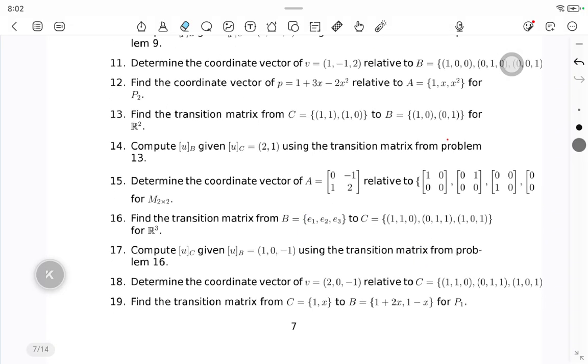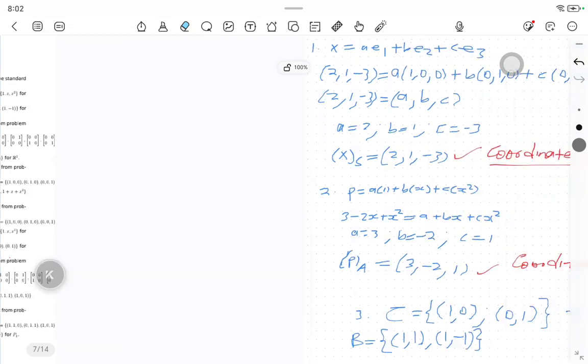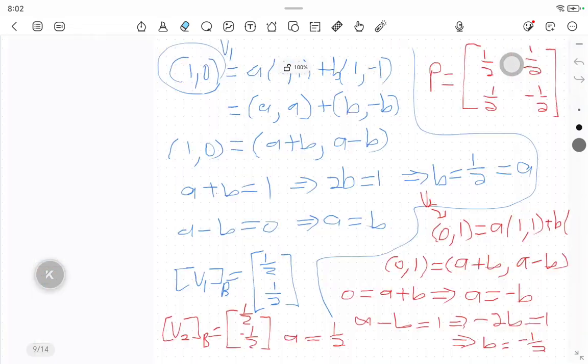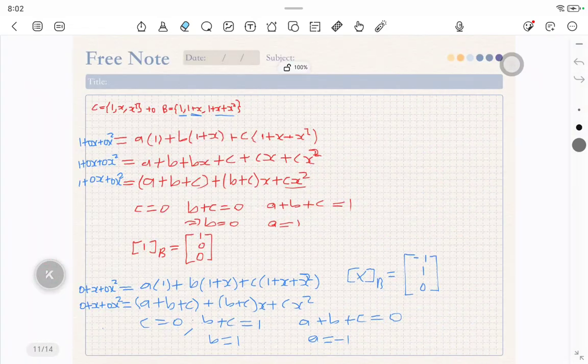Let me ask, is there anything else that you don't know how to do here, guys? Is there anything we don't know how to do here? No. The questions repeat. You agree, right? Yes. So you're just going to look at the rest, guys.